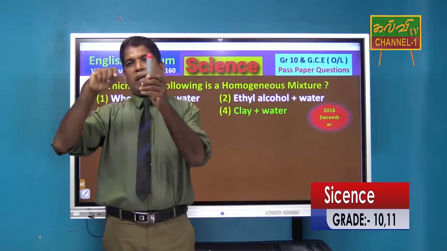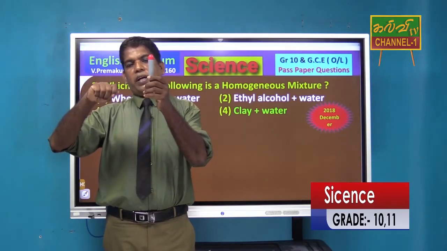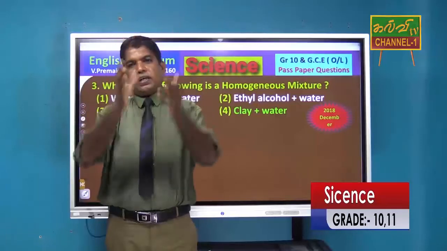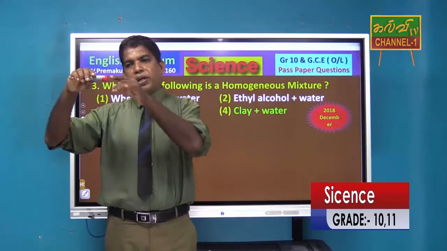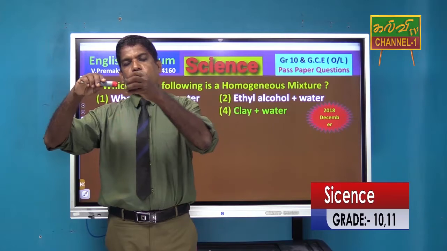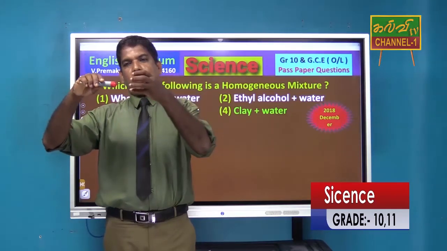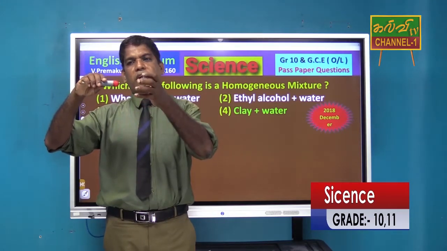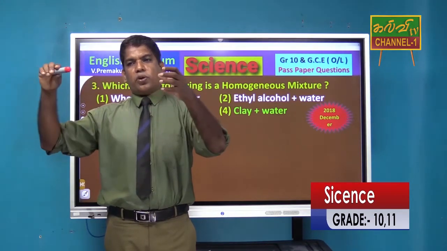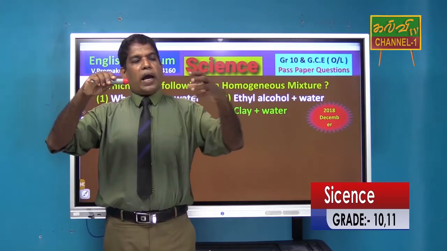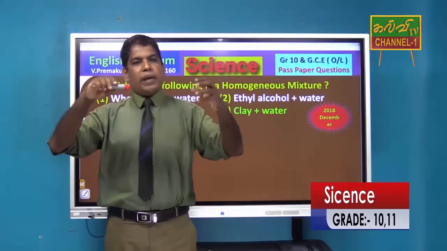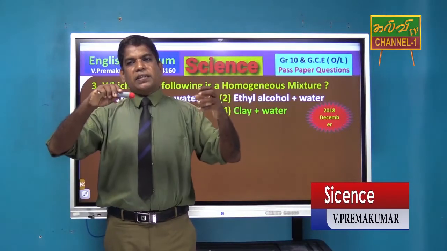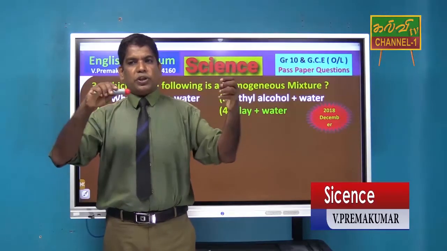When you move the torchlight through the glass of sugar solution, the rays can go through the transparent solution, and you can't differentiate any place. The same light rays come through the solution.